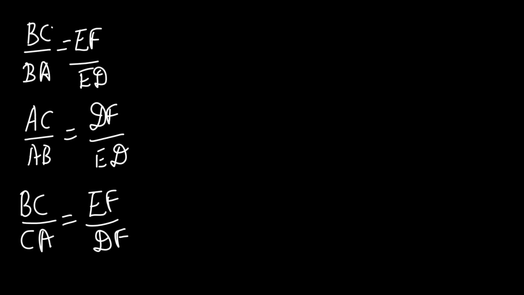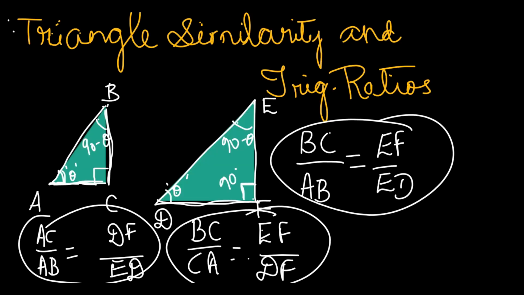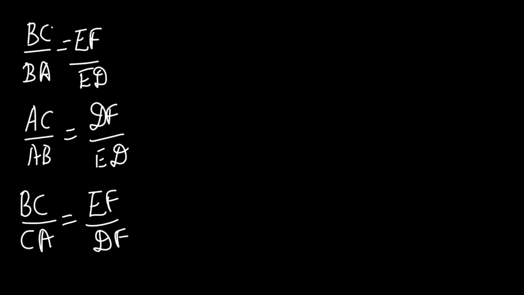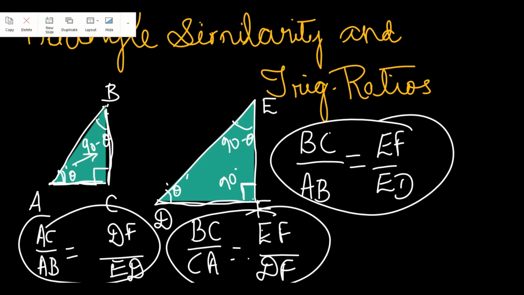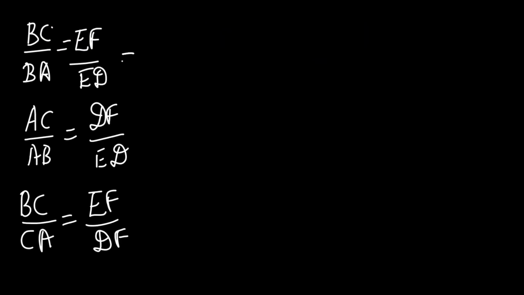Now, from theta's point of view, we can see that BC by BA will be opposite by hypotenuse. So we can write opposite by hypotenuse.